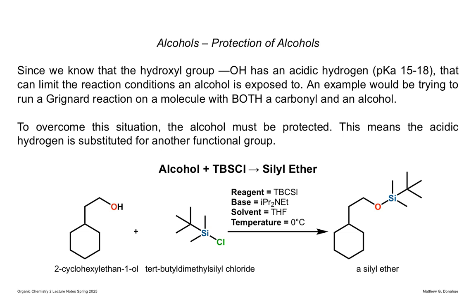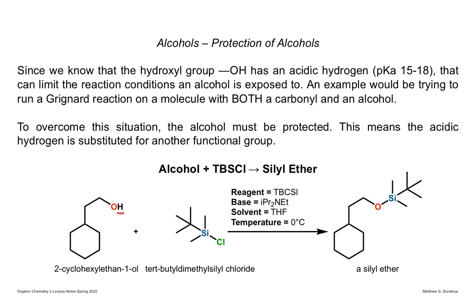We learned how to make alcohols using reductions of carbonyls. Now what are some reactions of the alcohols? As I mentioned before, sometimes you want to protect the acidic H group of an alcohol.